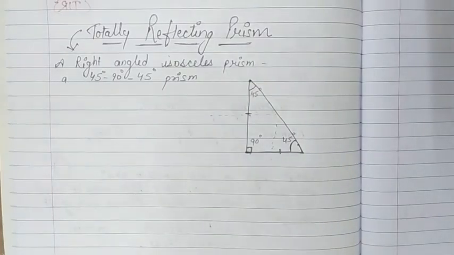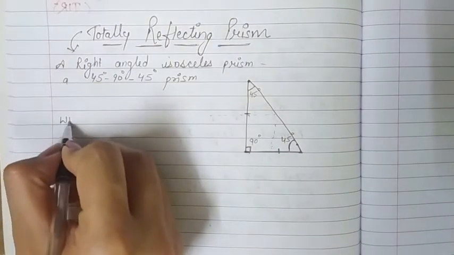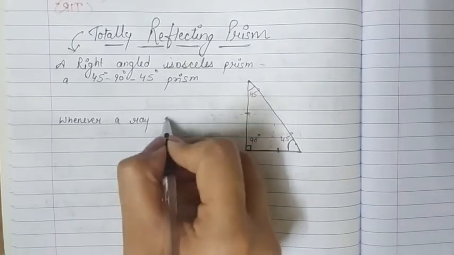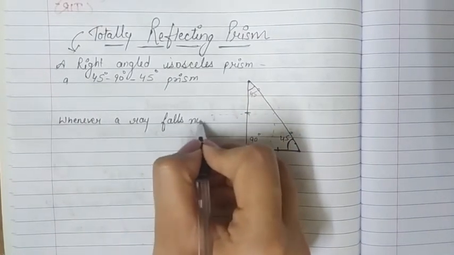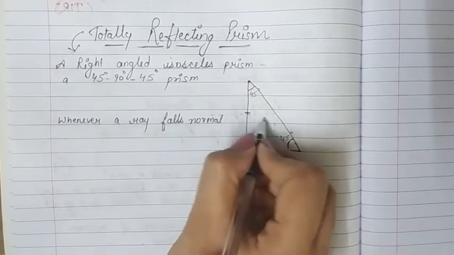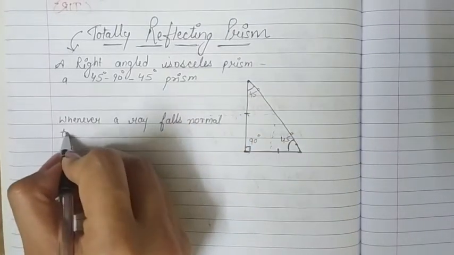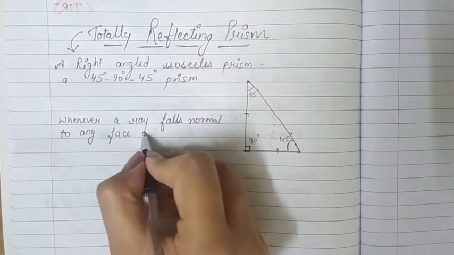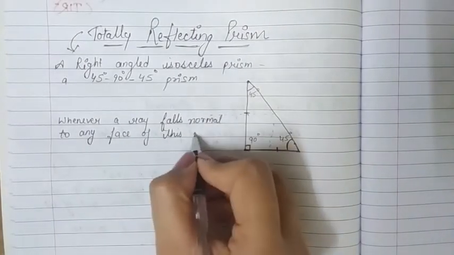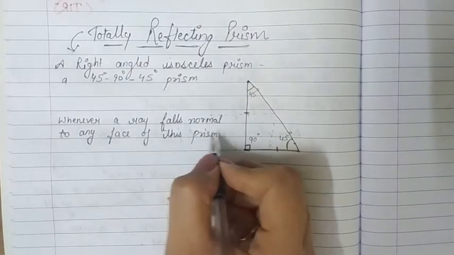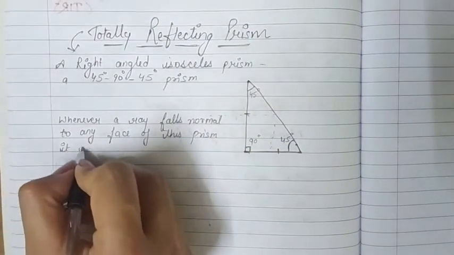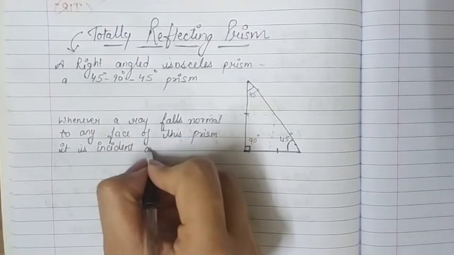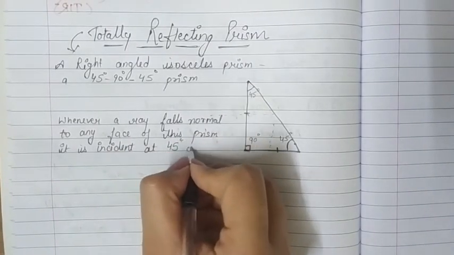So the thing is, whenever a ray falls normal, right, normal means at 90 degrees like this, to any face of this prism, it is incident at 45 degrees on the inside face.